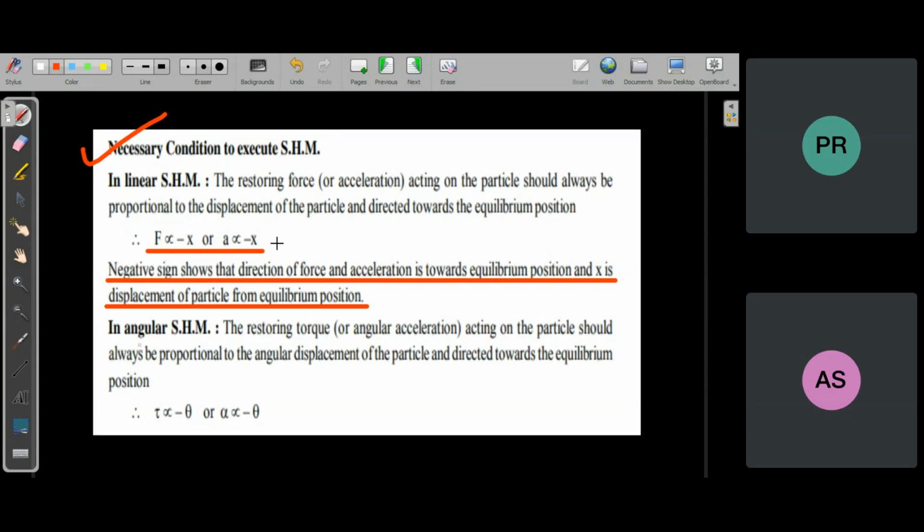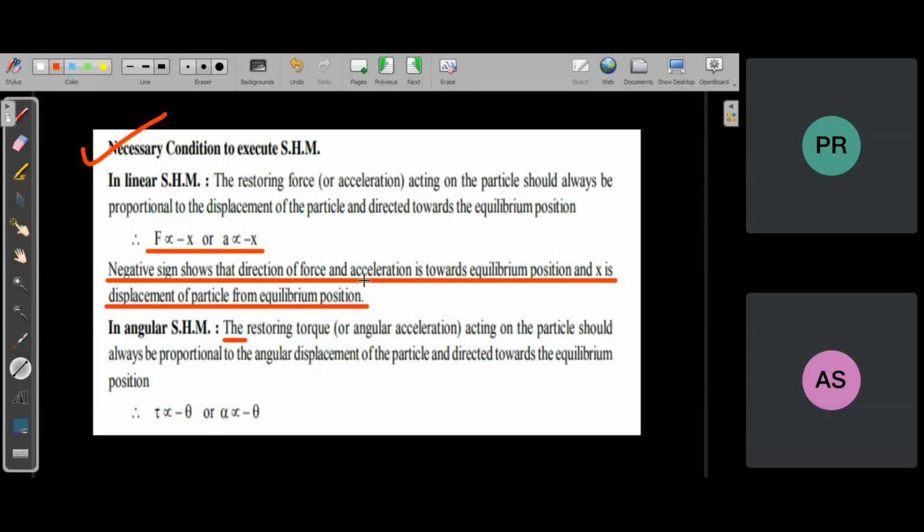Now the next is about angular SHM. In angular SHM you have to understand that here force will not play the role, here torque will play the role. So force will be replaced by torque and displacement will be replaced by angular displacement, because here something is rotating about a fixed axis.